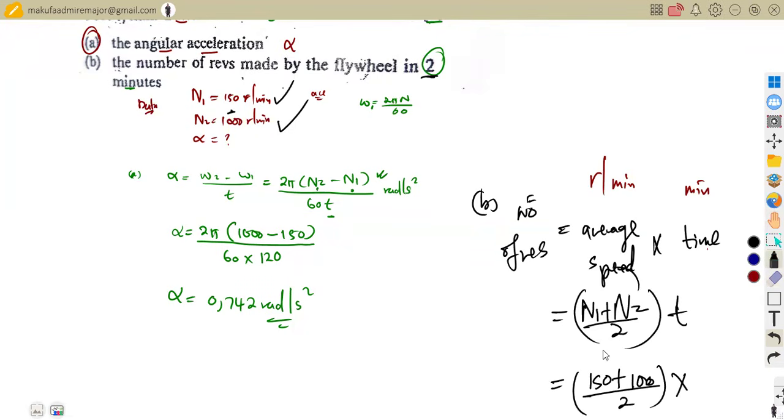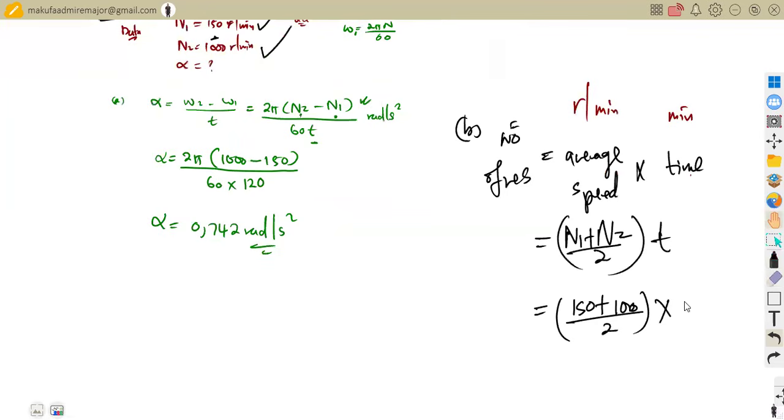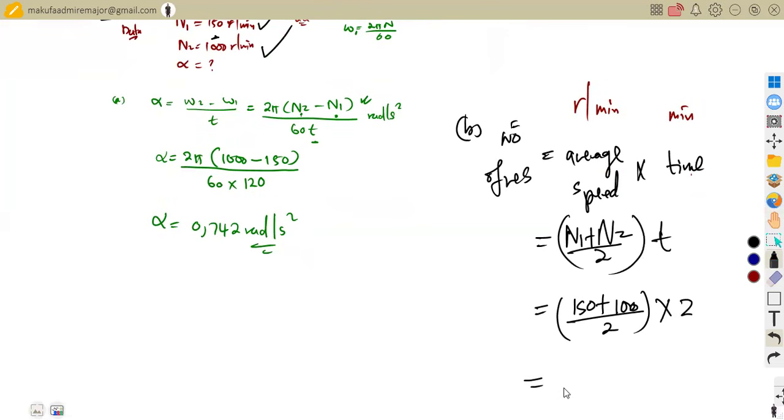Like I said, if this is revs per minute, the time must be in minutes, and we are given 2 minutes. So here you use time as 2, not seconds, because this is revs per minute. So you obtain again 1,150 revolutions.